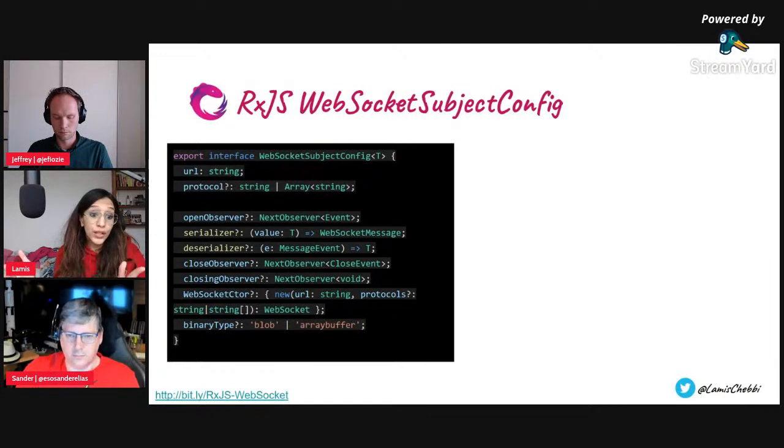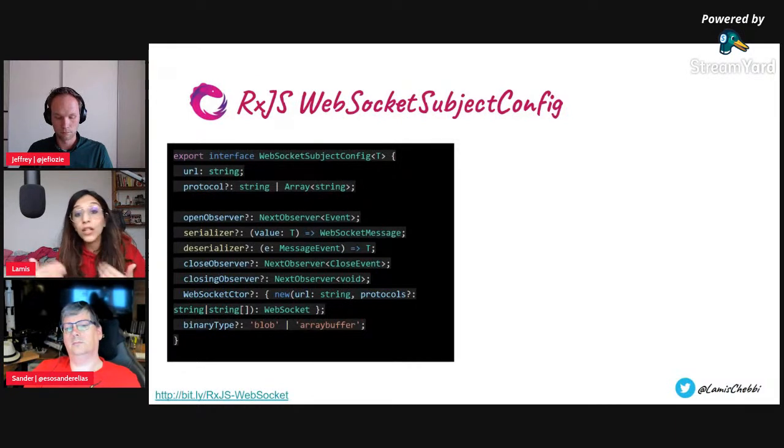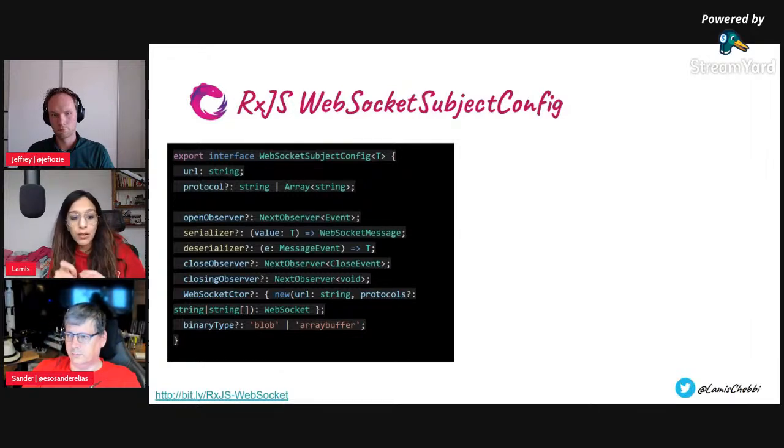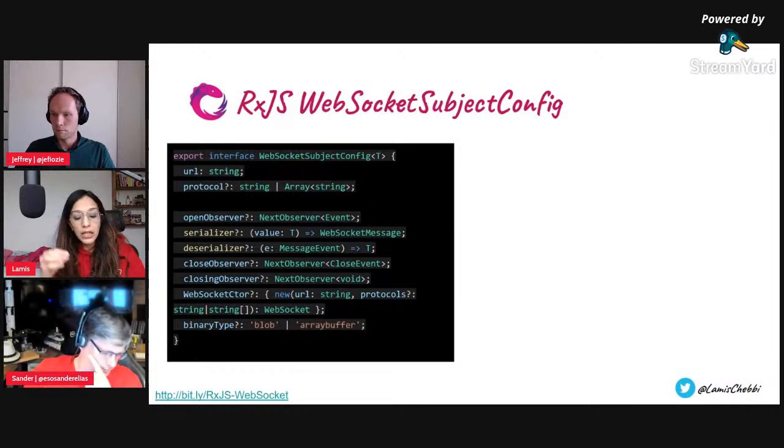This was very useful for me in handling the reconnection. I will tell you about this later. So in general, intercepting the lifecycle events of the WebSocket. You can also specify, if there is a binary, the type of the binary: blob or array buffer. And you can specify the serialization and deserialization methods.